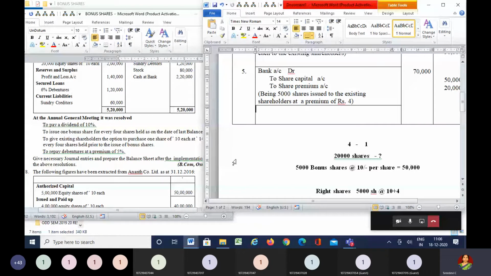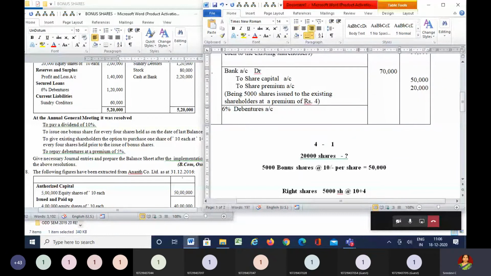So first, whenever the debentures are to be repaid, debentures always carry a credit balance, and at the time of redemption, this account needs to be debited. So here 6% debentures account, 6% debentures account, and the debentures are 1,20,000.